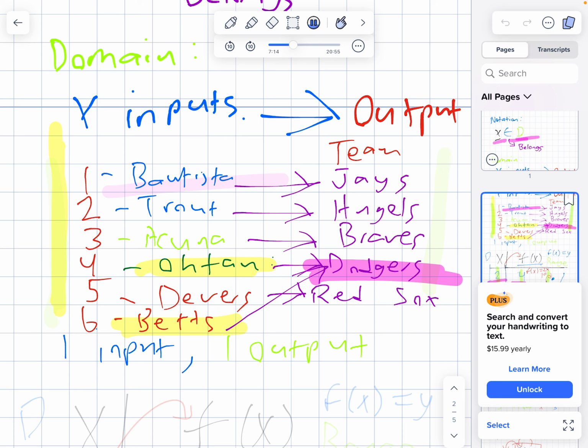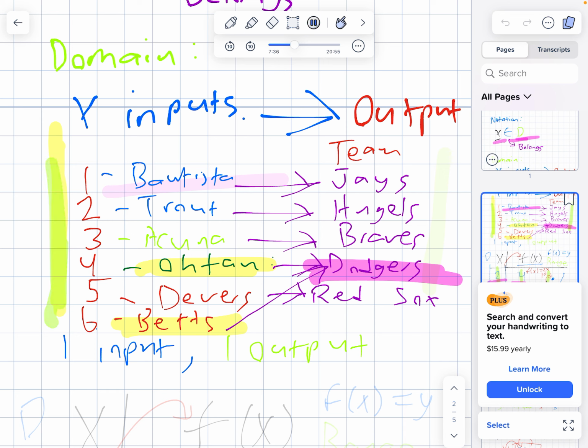So it's really crucial that we have only one input mapping to one output. As I said before, these terms here make up the domain. In other words, the domain is the set of all inputs D of F.